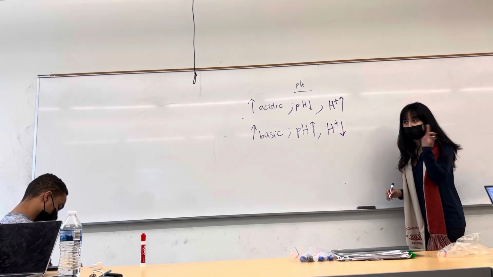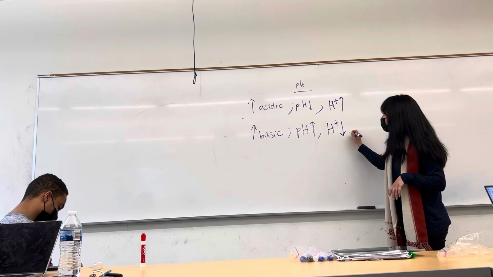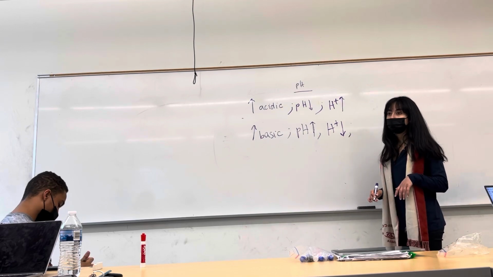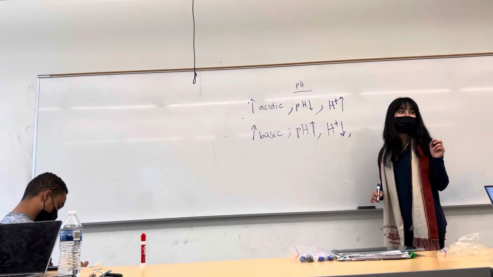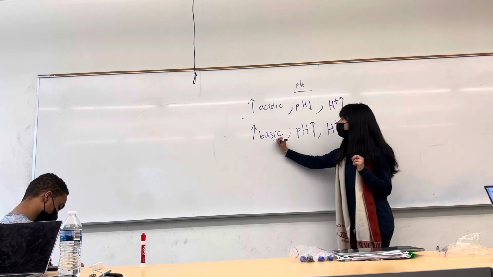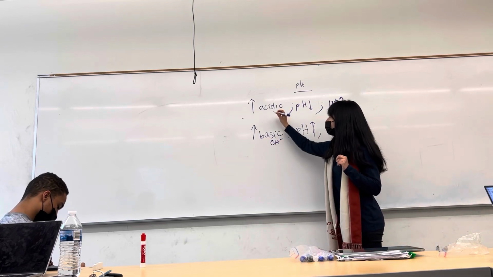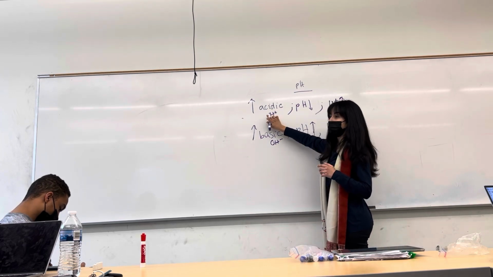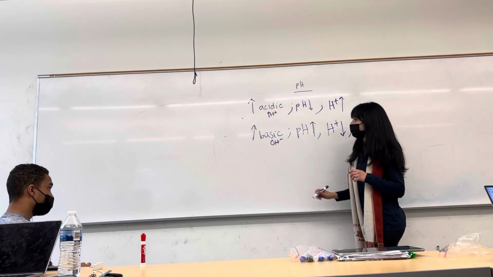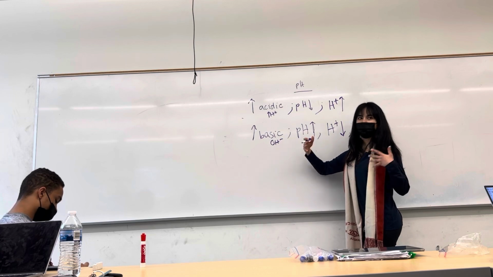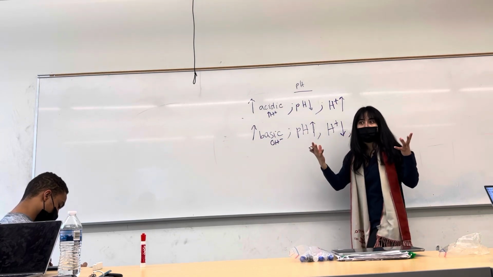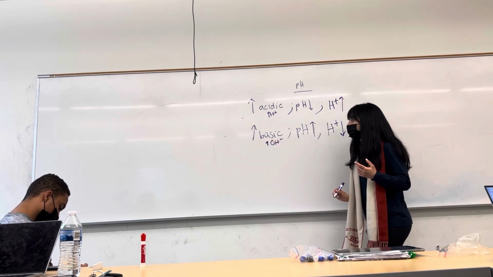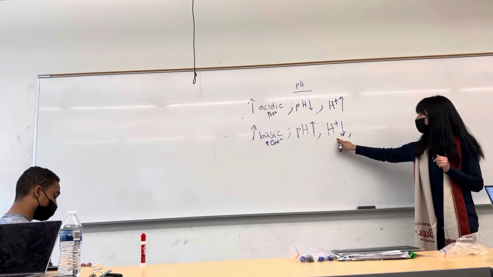I'm just going to throw something out real quickly. If your H plus is decreasing, what ion do you think is going to increase? You know that this usually is OH minus, and you know that this is usually H plus. You have lots of H pluses if something's acidic, and basic just means you have a lot of OH minus. OH minus is increasing because H plus is decreasing.